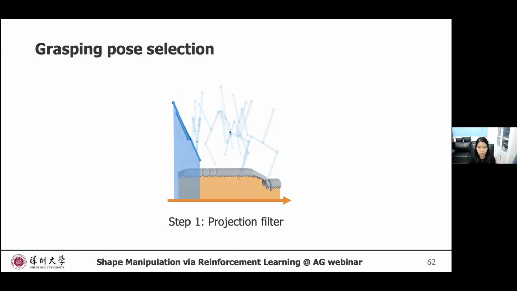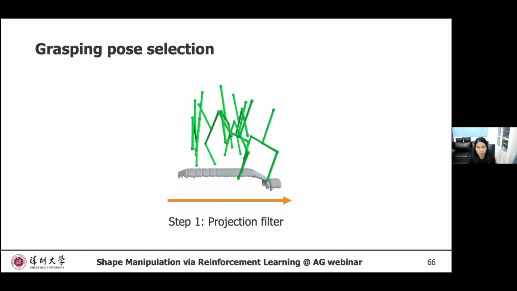So we consider this kind of pose invalid. And this is a valid pose whose projection is fully inside the scan projection. These are all the valid poses left after the first projection filter step.